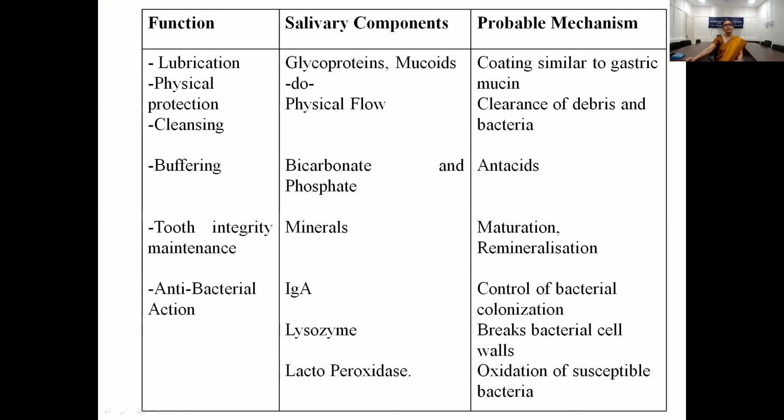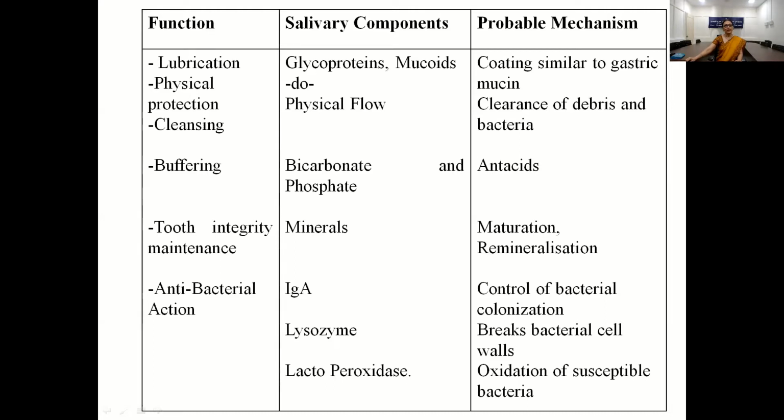Bicarbonate and phosphate components of saliva give the buffering action and it acts as an antacid. Mineral contents of saliva cause the maturation and remineralization of tooth, thereby maintaining the tooth integrity and tooth maintenance.